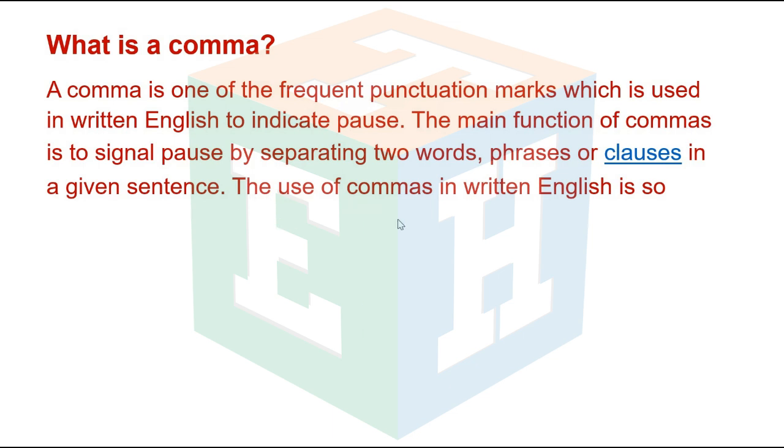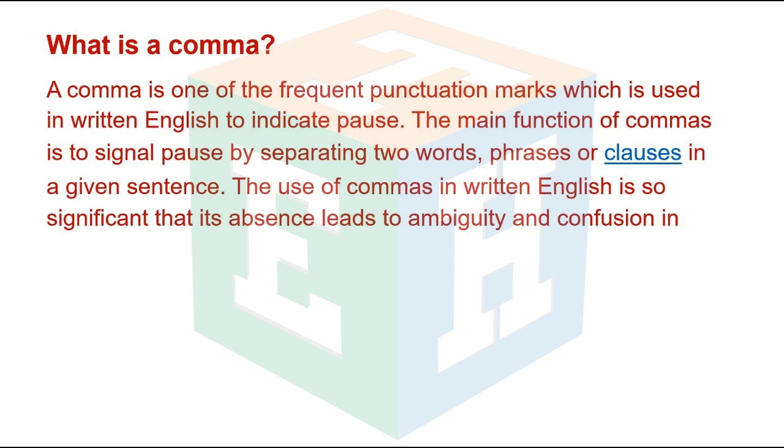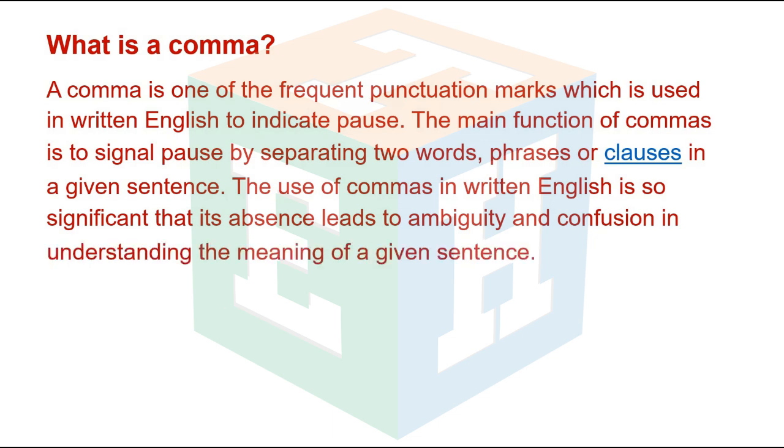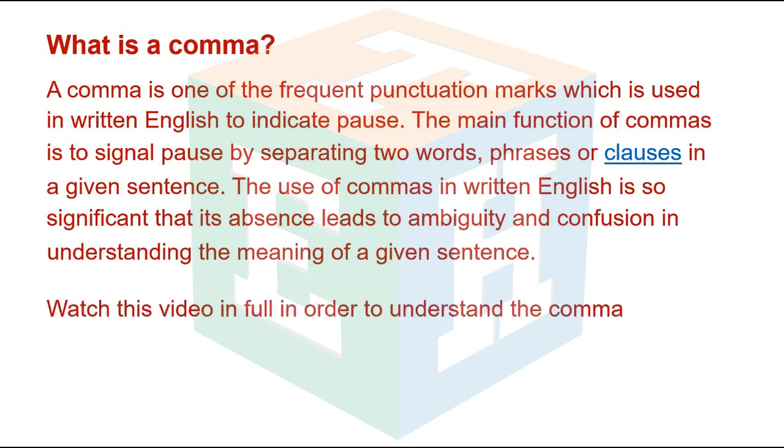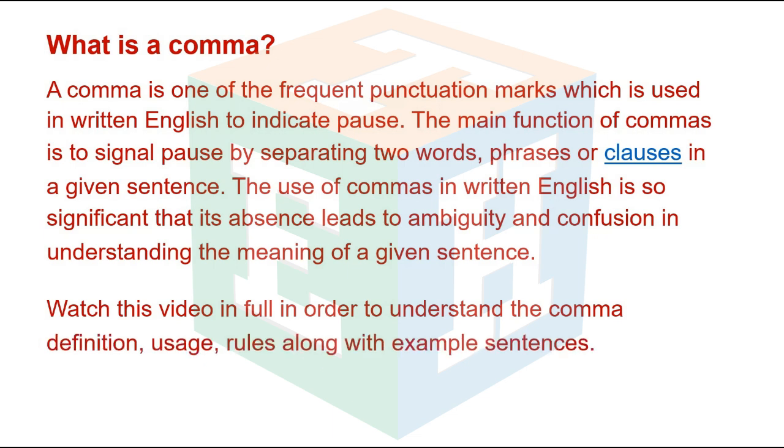The use of commas in written English is so significant that its absence leads to ambiguity and confusion in understanding the meaning of a given sentence. Watch this video in full in order to understand the comma, definition, usage, rules, along with example sentences.